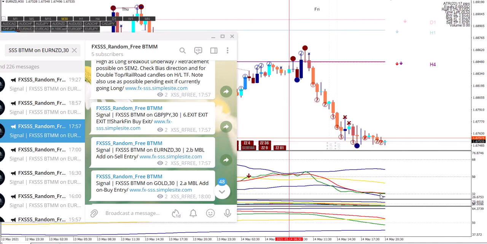And the reason being is, this is a tight one. Euro New Zealand MBL add-on sell just because this green is below it. Now, don't look at this and think this is a trade. Go and analyze, right? The algorithm's been written in a way that when the green is below the red, it's a MBL.